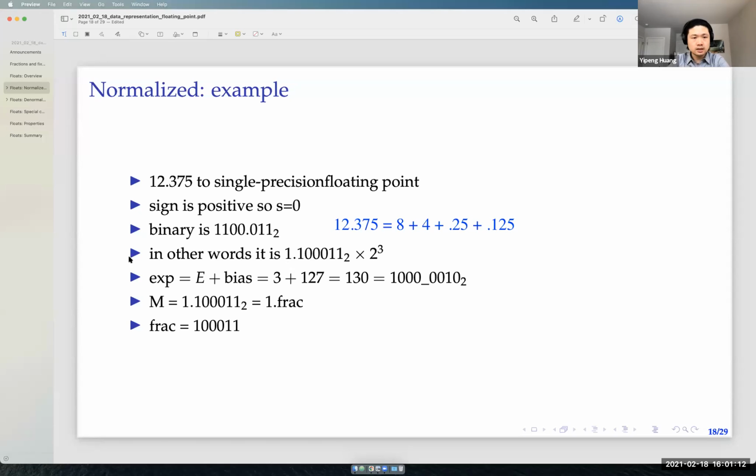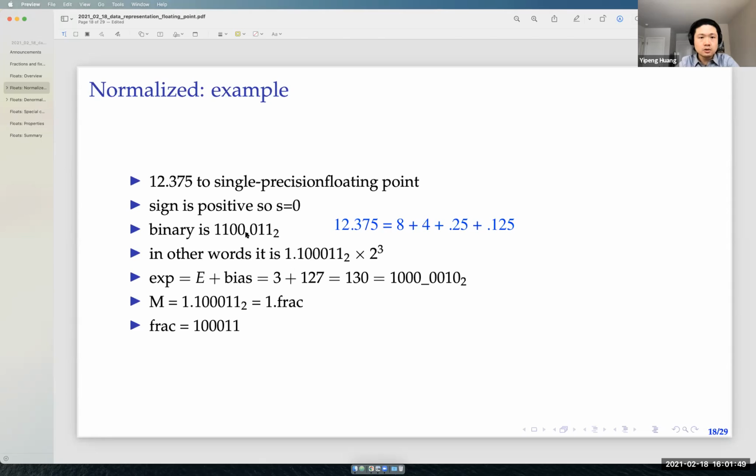Next, in step number 4, we look at this binary representation and move the decimal point so that we write it down in scientific notation. In scientific notation, we make sure that there is exactly one digit to the left of the decimal point, and we multiply the whole number by a power of 2 to move that decimal point.